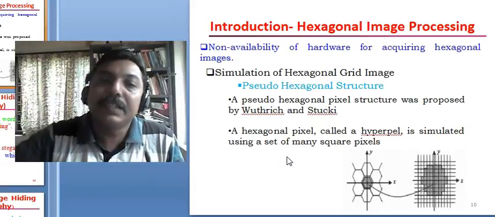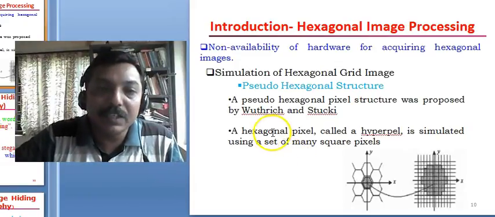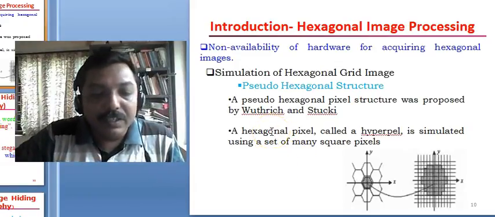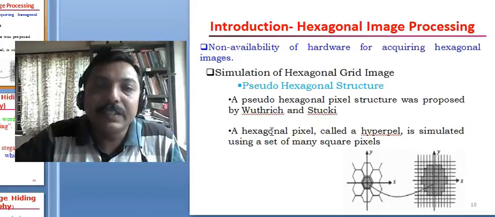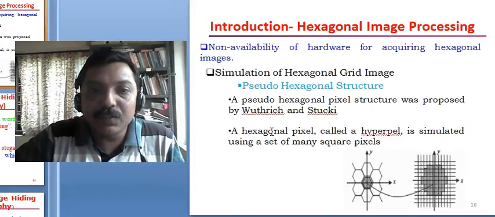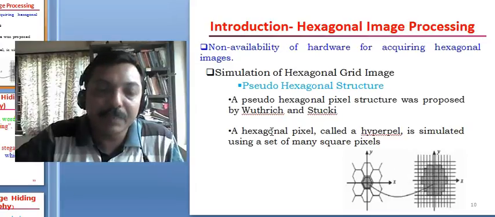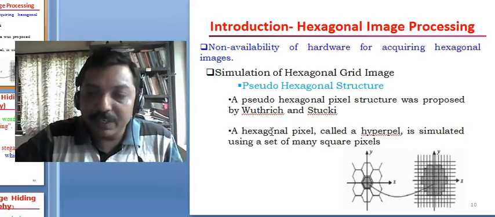Even though the hexagonal structure has its own advantages, even now the image processing in the hexagonal domain is in an infant stage. This is because of the non-availability of hardware for acquiring hexagonal images. That is, every hardware available nowadays for acquiring digital images has square-shaped pixels.